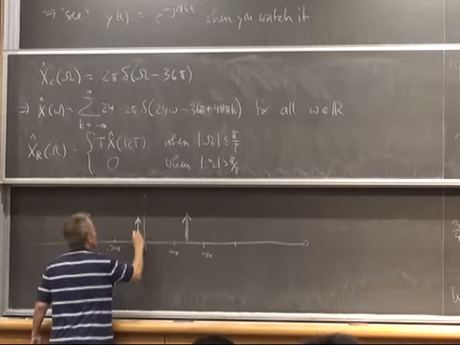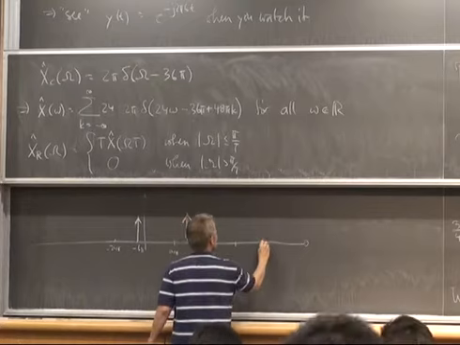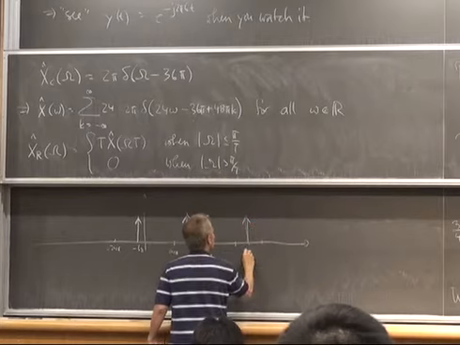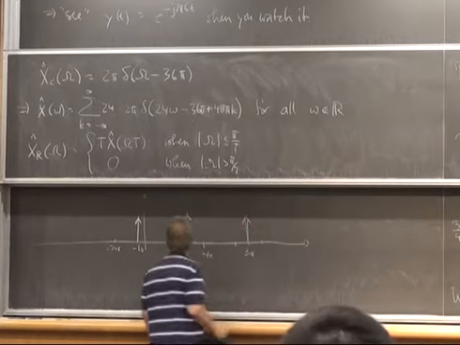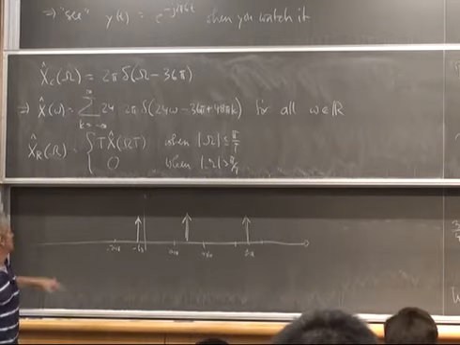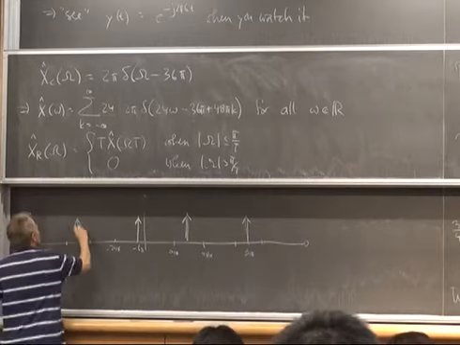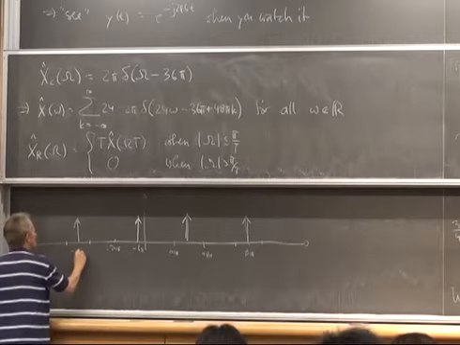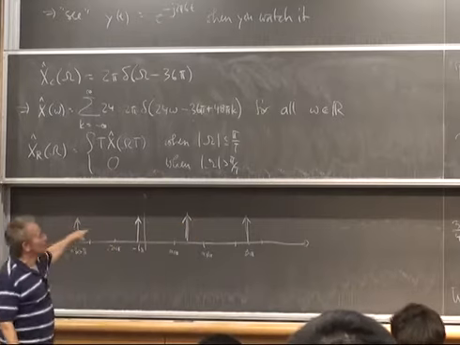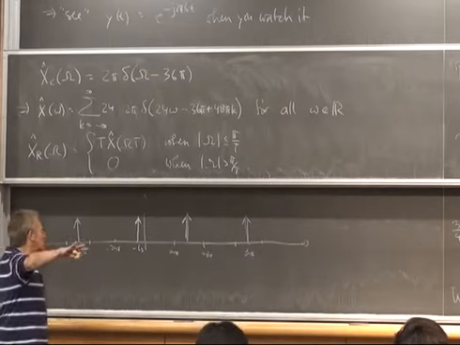Impulse here, 6 pi, and so this is 48, 72, and so on. But X R hat of omega only equals that infinite sum of impulses when omega is less than or equal to 24 pi. Outside of 24 pi, it's 0.